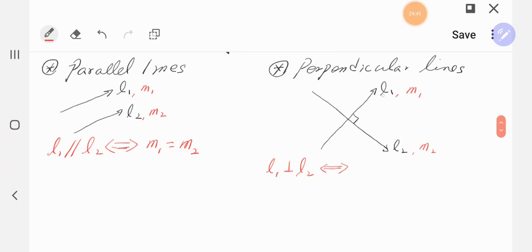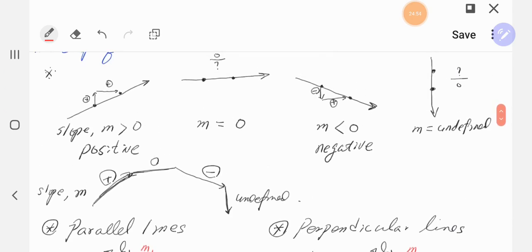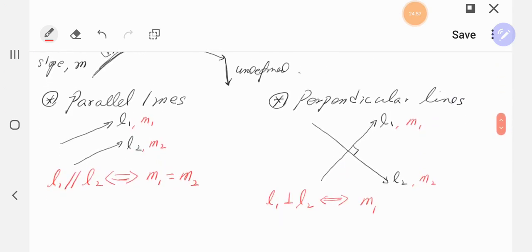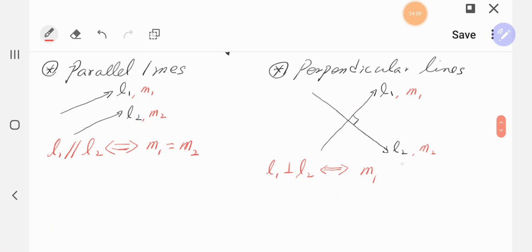As you see in the graph of line 1, the right end is going up, so m1 is positive, right? But how about line 2? The right end is going down. Do you remember? If the right end is going down, then the slope is negative. So m1 and m2 have opposite signs.